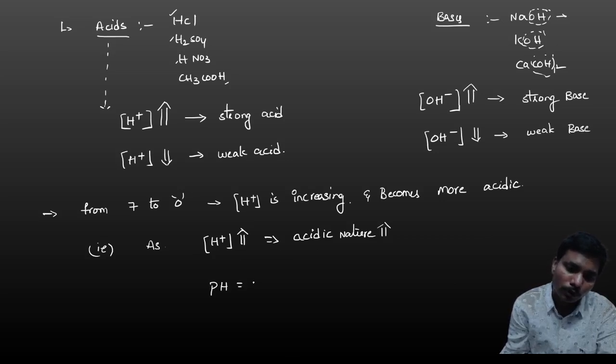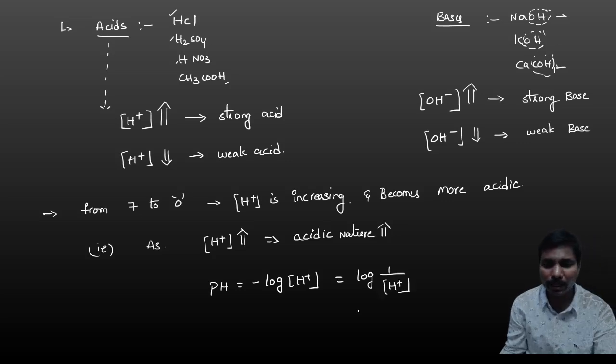So we can give this in a formulaic manner. pH is equal to minus log H plus ion concentration. That means, if the minus comes inside, it is log 1 by H plus ion concentration. That means as H plus ion concentration is increasing, pH is decreasing.